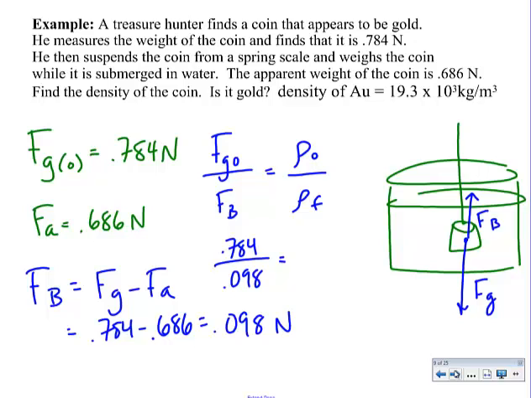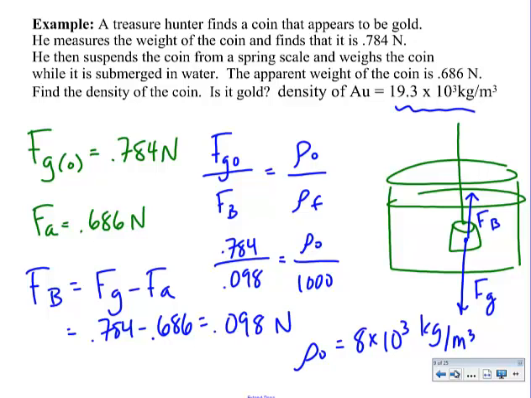The density of the object is unknown, and the density of water is 1,000. And so we would cross multiply and solve this, and we end up with a density of the object of 8 times 10 to the third, or about 8,000 kilograms per meter cubed. And what we see is that this is nowhere near the density of gold, so this is not gold.